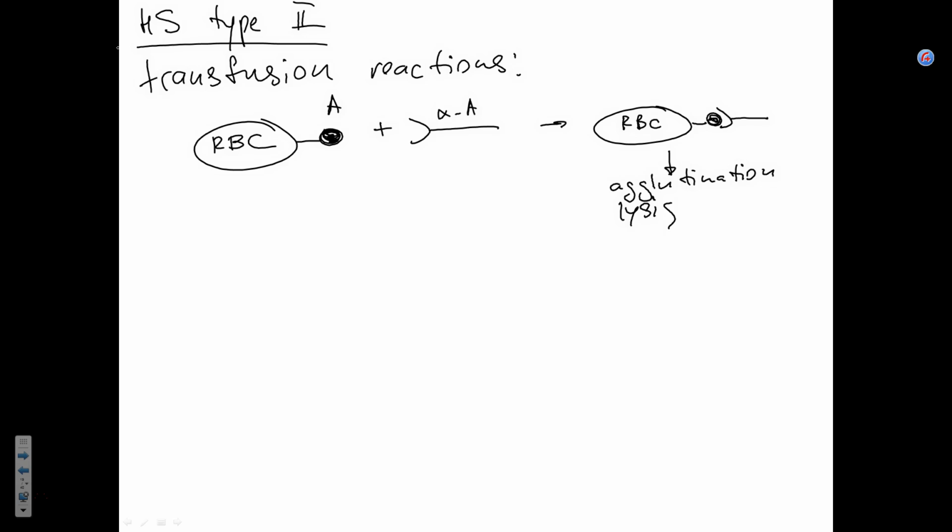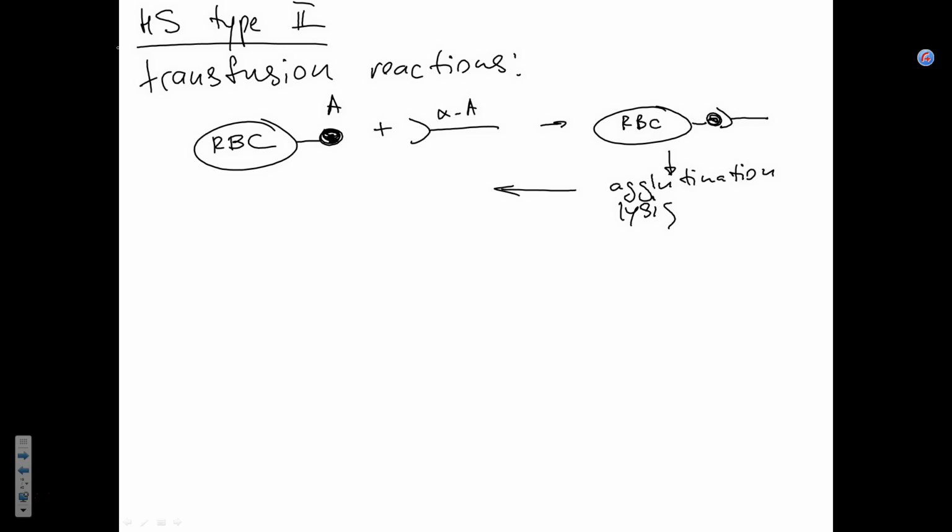lysis. And what are going to be the consequences of lysing red blood cells? Agglutination, clumping of red blood cells and breaking them into pieces. What are the consequences?